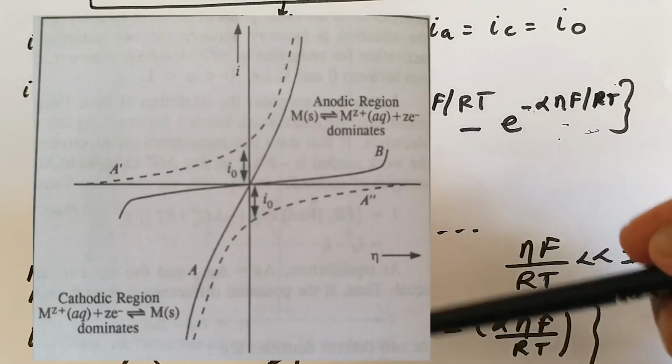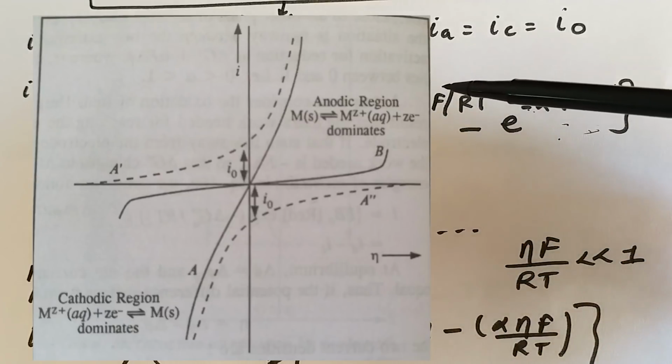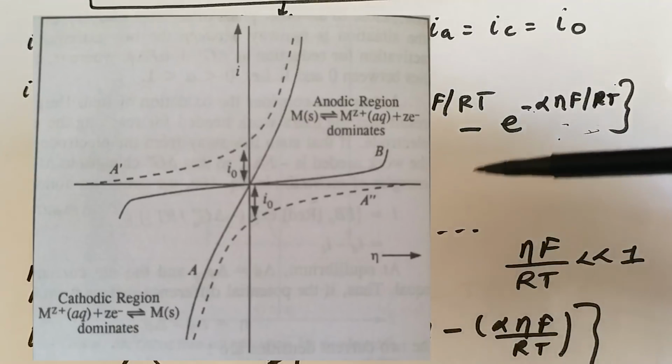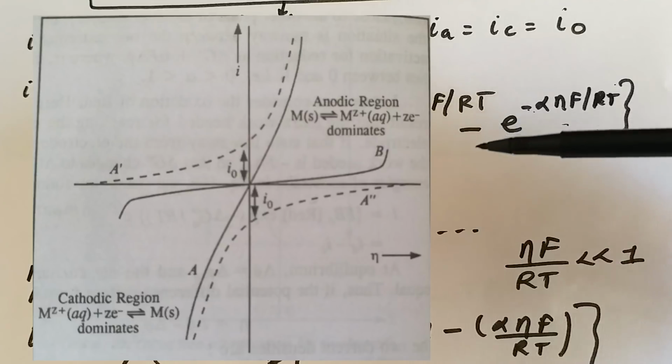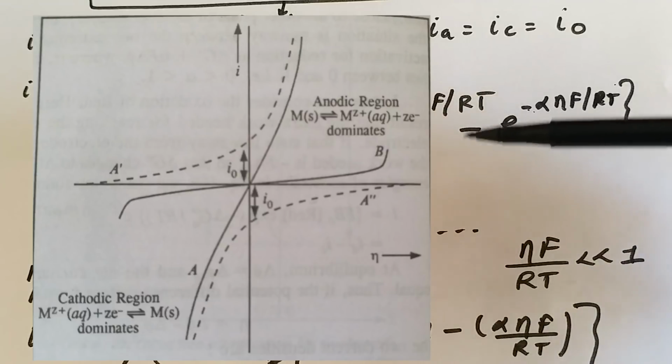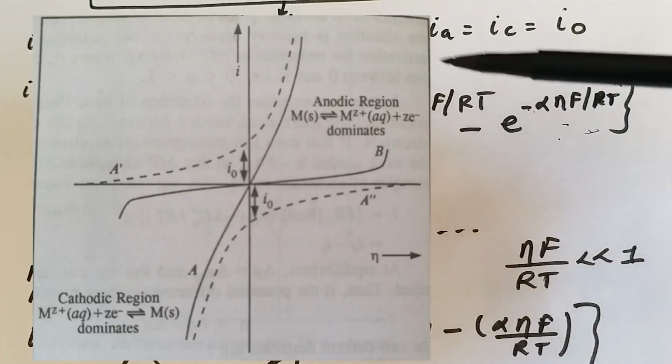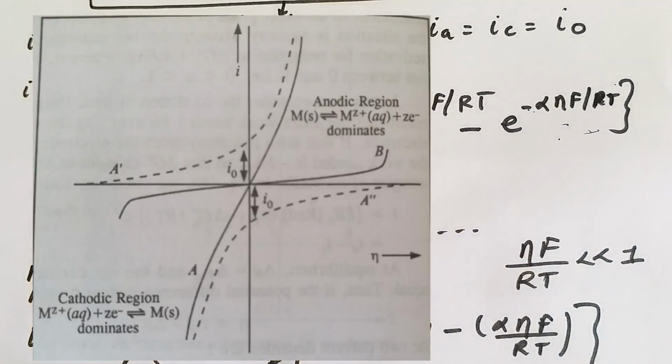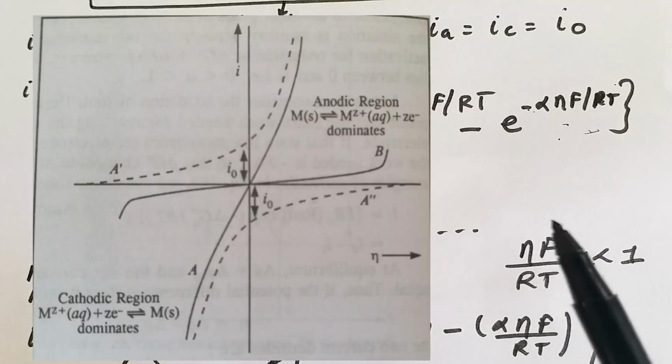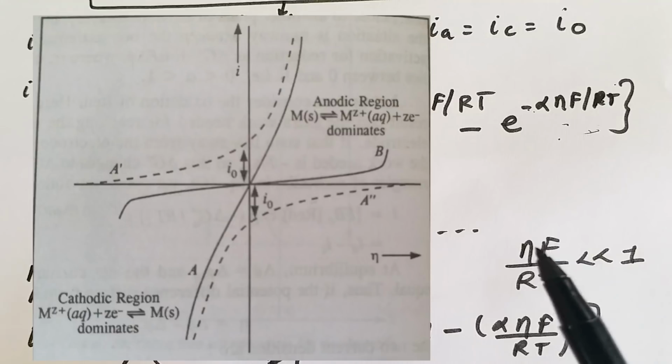One which is going along the current density I is the case A, where there is high exchange current density, wherein our electrodes are non-polarizable electrodes. In the second case, B, which is moving across the overpotential value, the overpotential is very high and the current density is very low. So this is the case seen when we are using the polarizable electrodes.